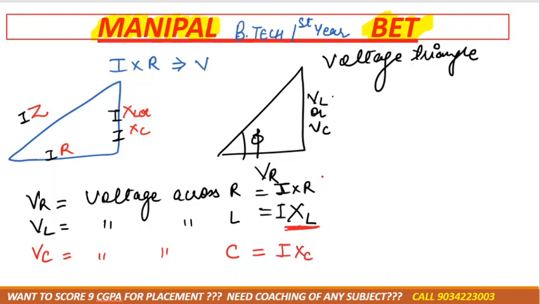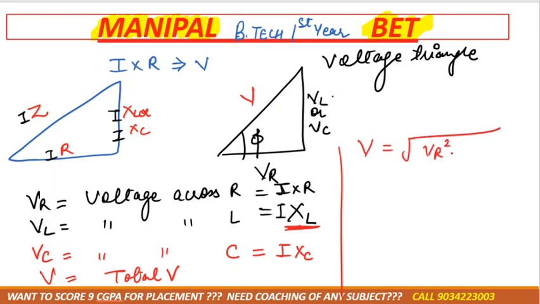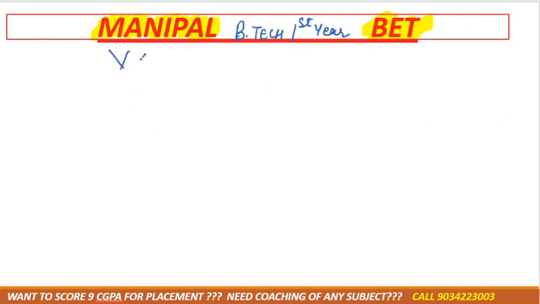I into XC. And V is the total voltage, correct? So from here, using the Pythagoras theorem, we can determine that V is equal to the root of VR square plus (VL minus VC) whole square. Got it? Now tell me, any doubt? Now next, if we multiply voltage with the current, what will it become?